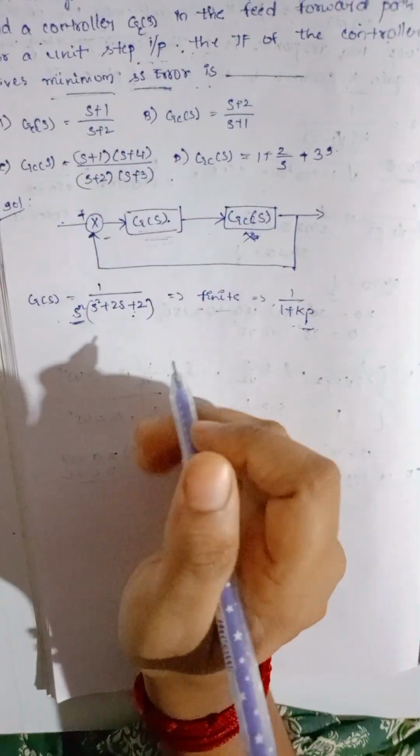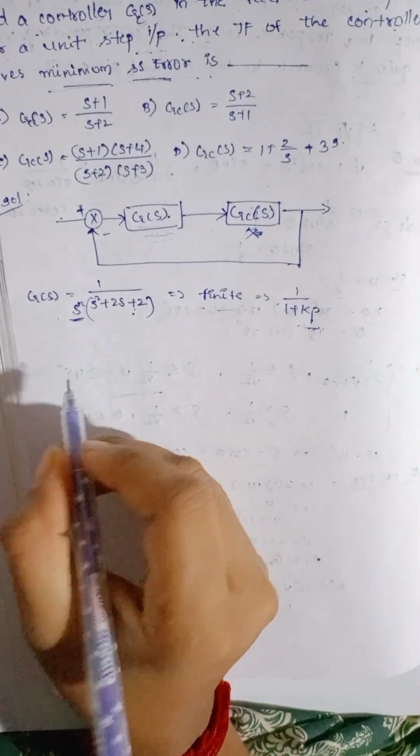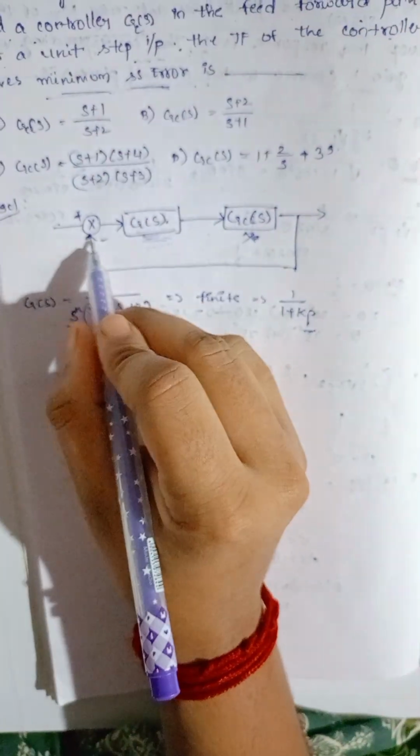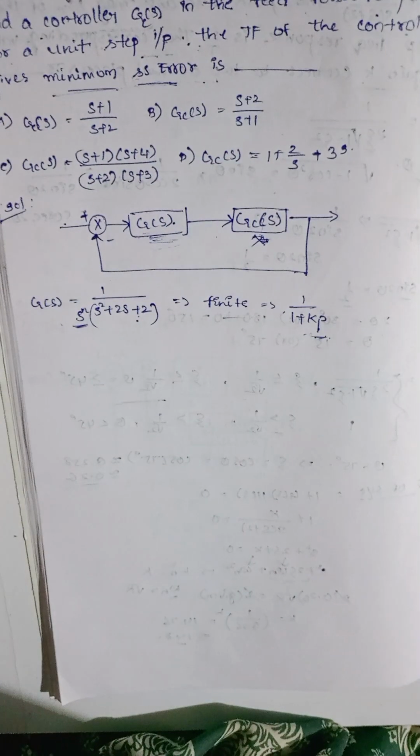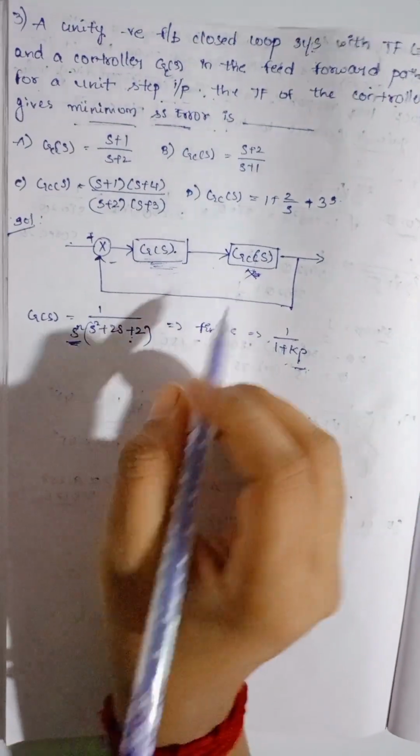let's take, suppose if it is a type 1, then also minimum steady state error is 0. Here we only consider G(s), but the actual forward path for type 0, we assume Gc(s) is 0.